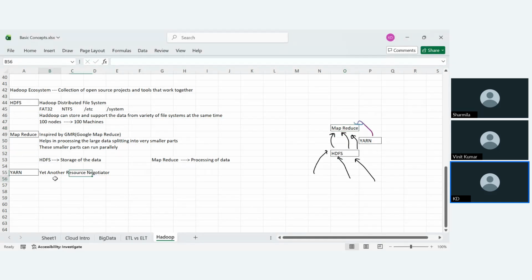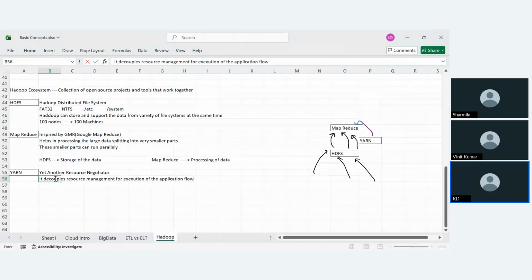So the task of YARN is that it decouples the resource management from the execution of the application flow.